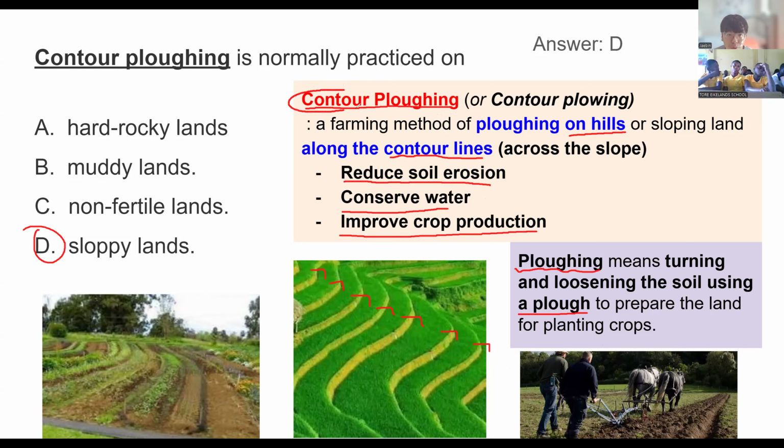And the contour part makes it suitable for plowing on hills or slopey lands. So slopey lands best match a hill environment. That is why the answer is D. Remember that contour plowing occurs on slopey lands. Okay.